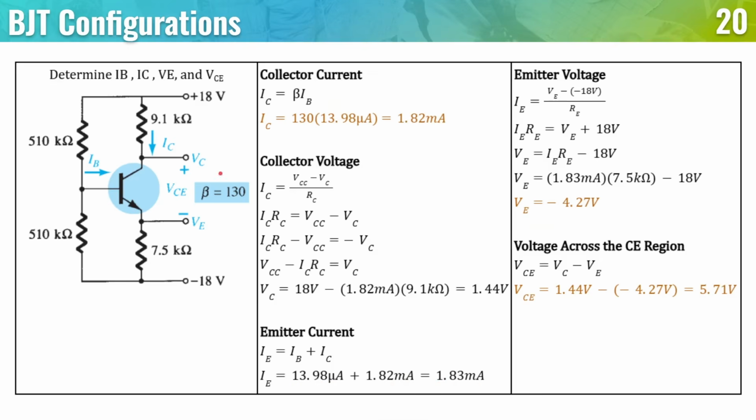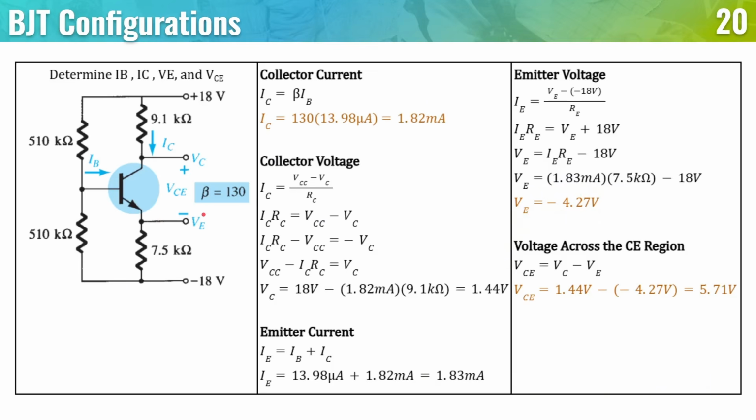So using that now, for the emitter voltage, we know that IE is going to be 1.83 milliamperes in this direction. You have VE minus negative 18 here, all over 7.5 kilo ohms. So rearranging the formula, multiplying both sides by RE, and then isolating VE, you get VE is equal to IERE minus 18 volts. So VE is equal to negative 4.27 volts.